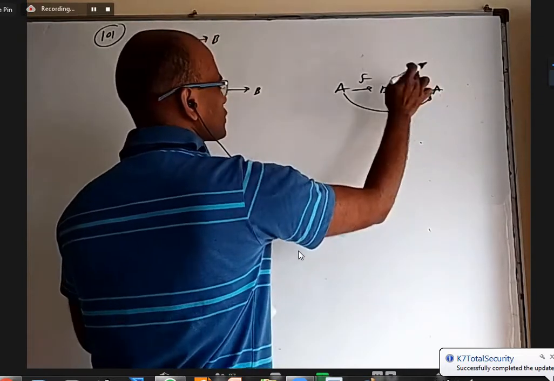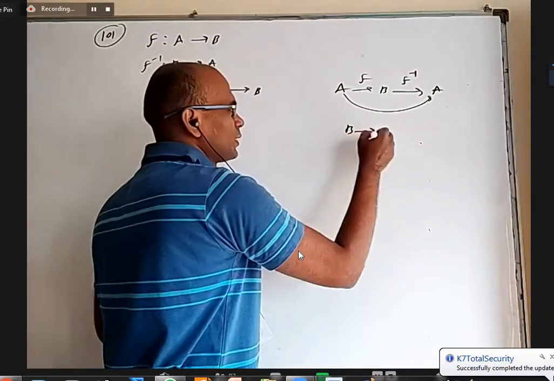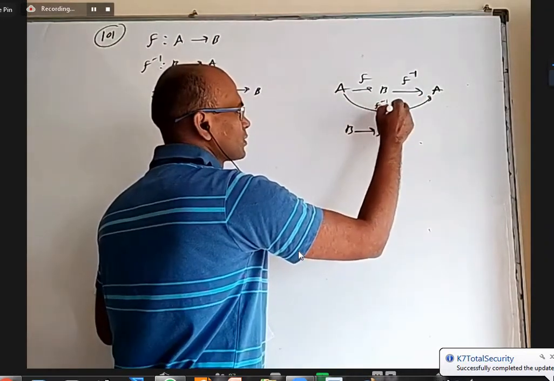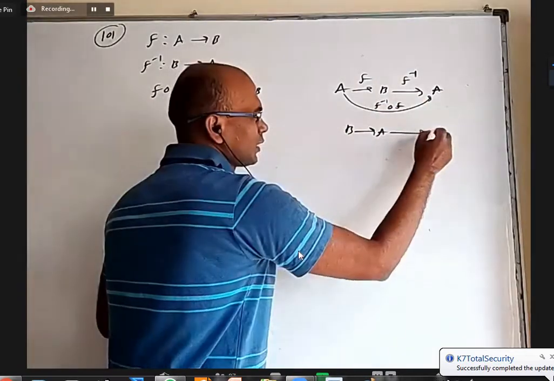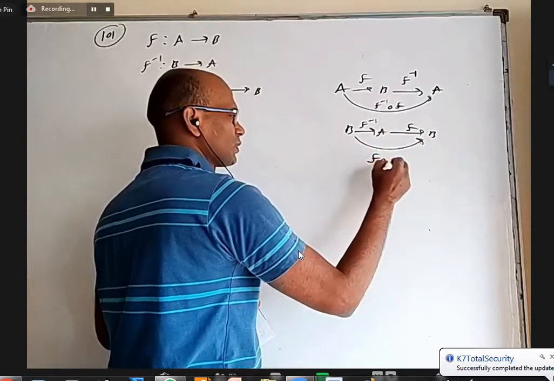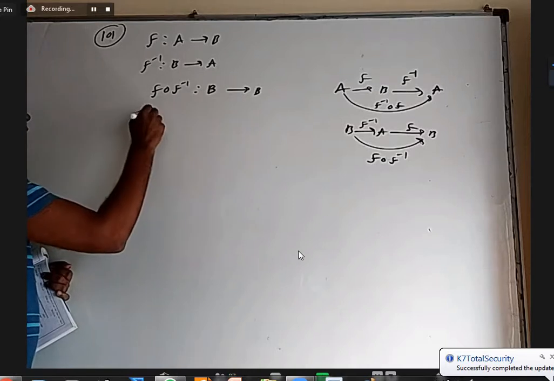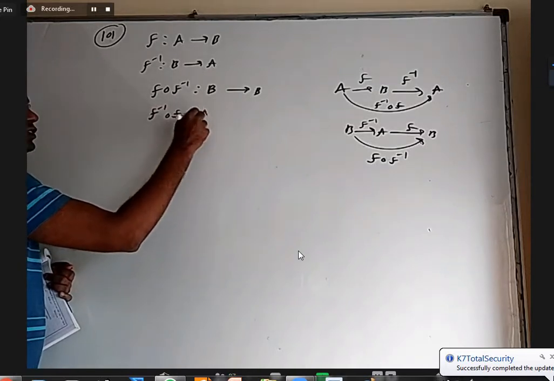From A to B and back to A, the function will be f inverse circle f. And B to A and A to B, first f inverse, next f, gives f circle f inverse. So f circle f inverse is from B to B, and f inverse circle f is a function from A to A.